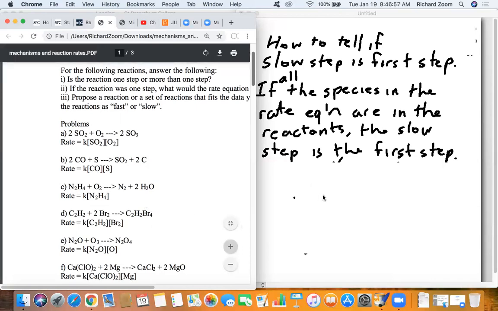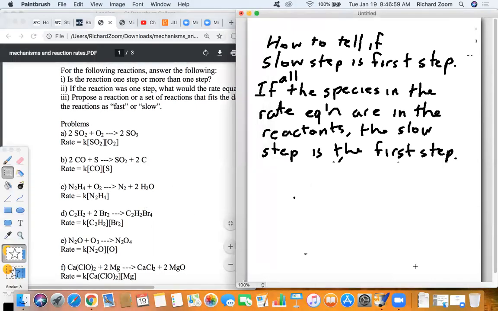Let's look at C here. Okay, so I'm going to put up the poll again. Okay, is the slow step the first step? This is for C. All right, so I'm going to wait until we get a fair number of votes here.